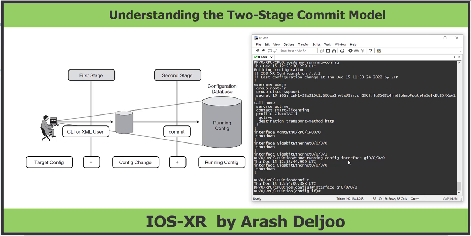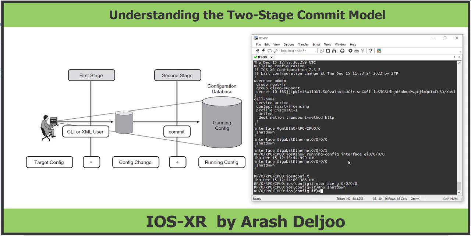After that, let me use the no shutdown command or any other command. This command doesn't have any effect because we didn't commit it, and now you can see this config change with the show configuration command.